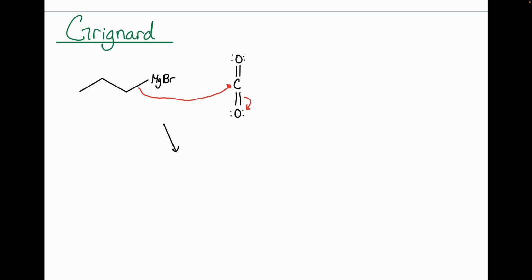And just note, based on the exact same logic that we've seen before about how Grignards react with carbonyls, now we'll have created this carboxylate ion. So then we do our last Grignard acidic workup step. Add in some hydronium.